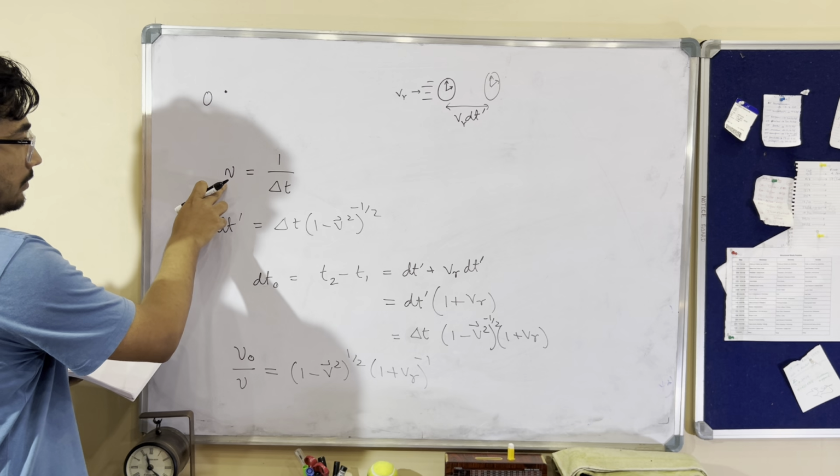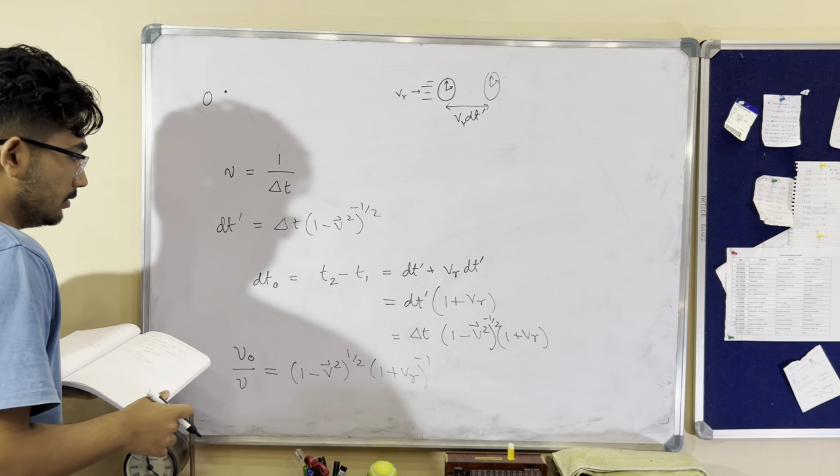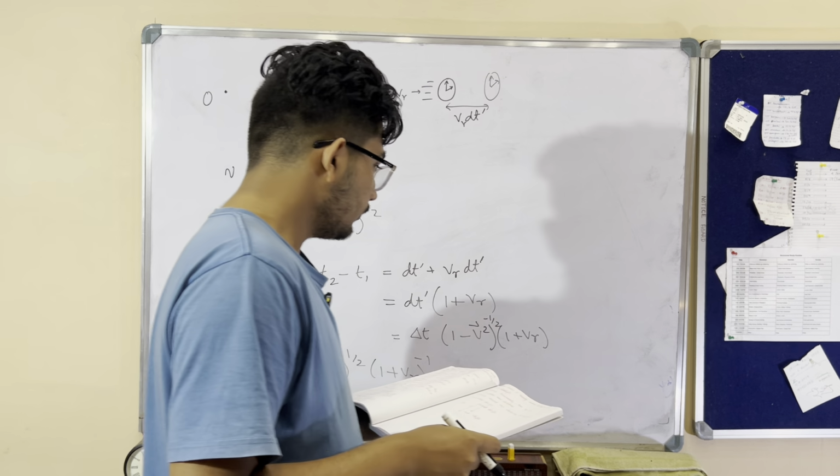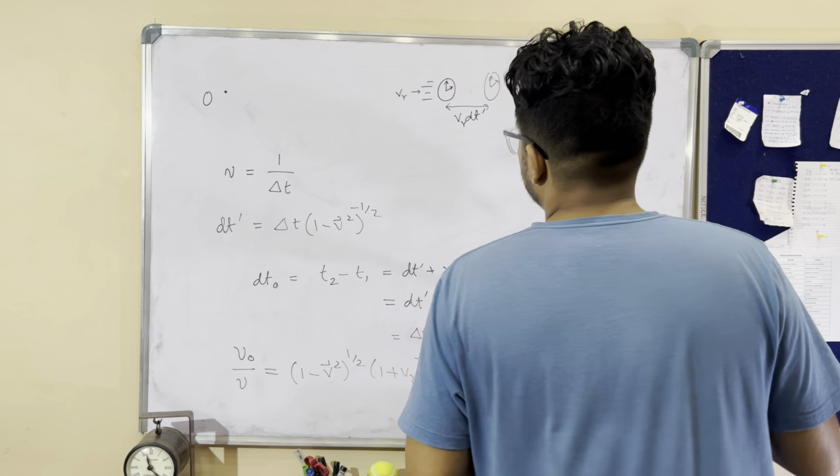This is because mu is inversely proportional to time. So, when Vr is greater than 0, or the clock is moving away from the observer, then we will see a red shift.